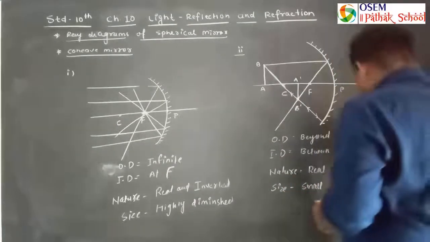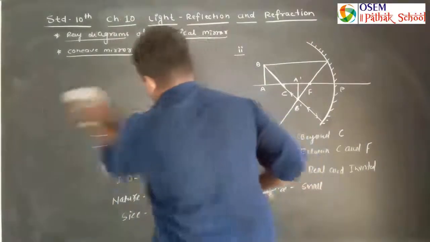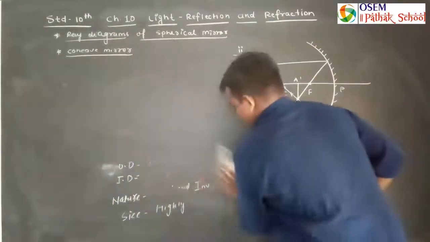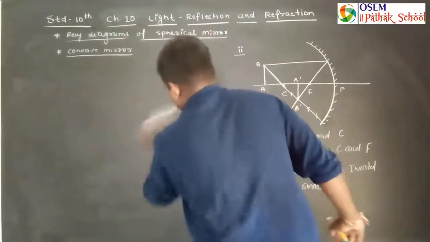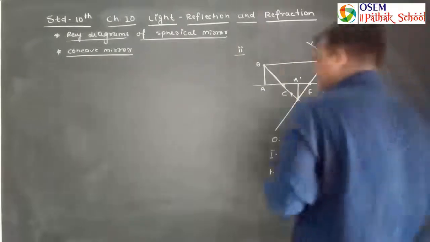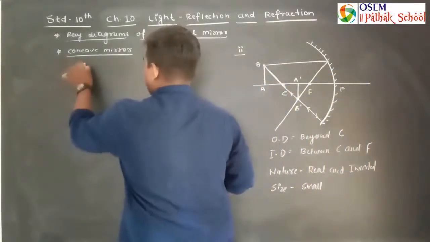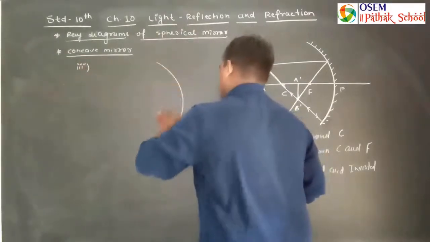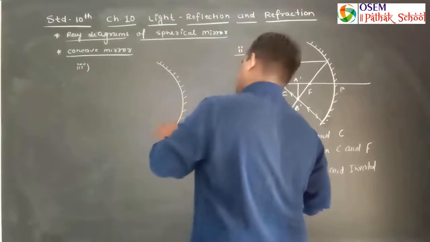Now we are discussing about the third position. Third position of an object. In this position I placed the object in front of concave mirror. This is our concave mirror.